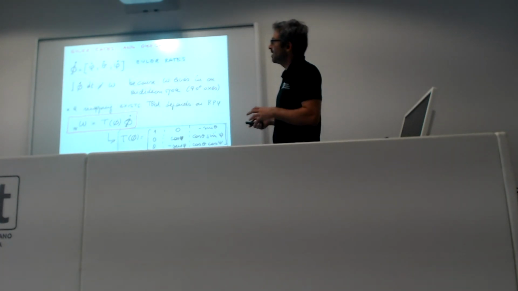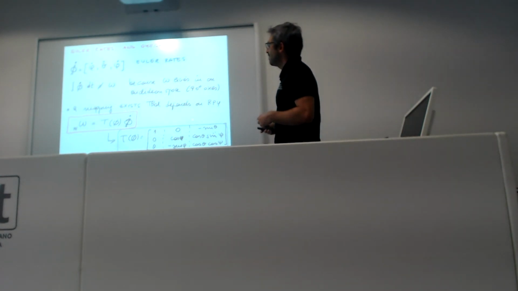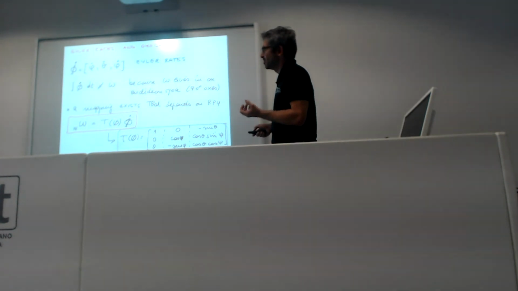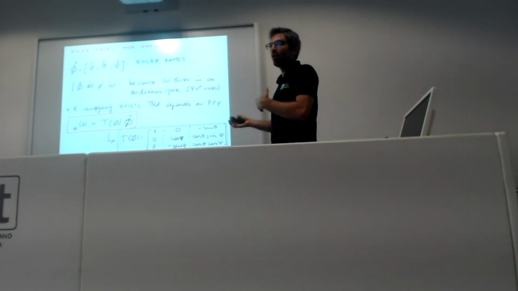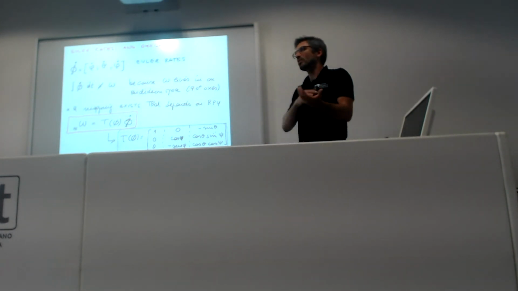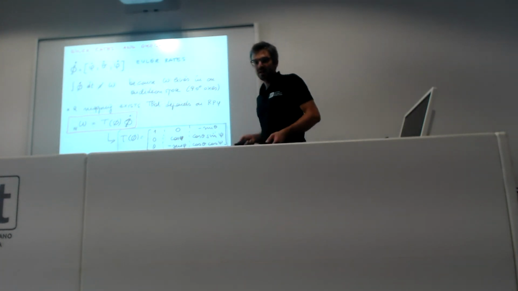But by the way, there is a mapping that is non-linear and depends on the Euler angle values themselves, and maps the Euler rates into omega. So you're still able to do some work in the Euler angle space, and then go back to omega whenever you need.